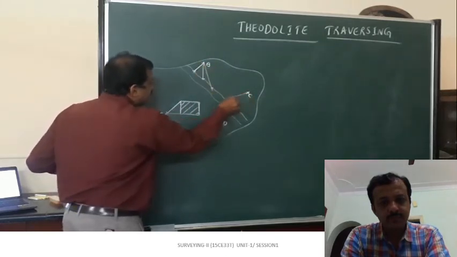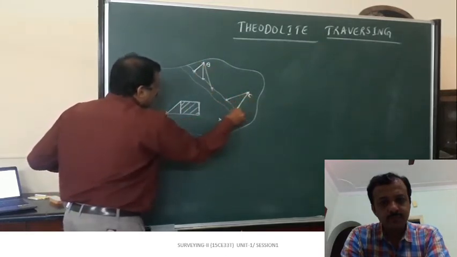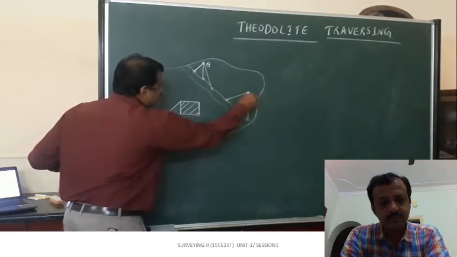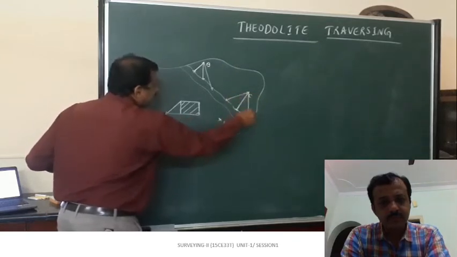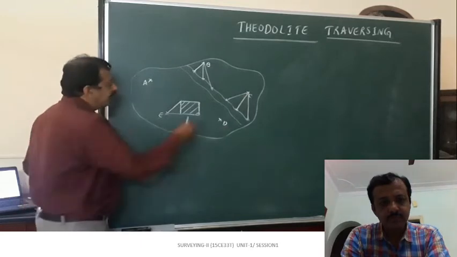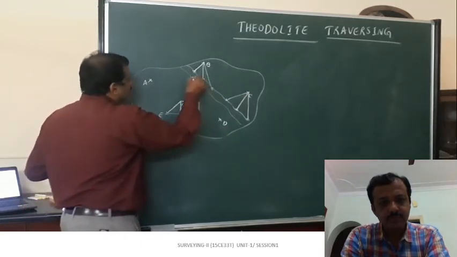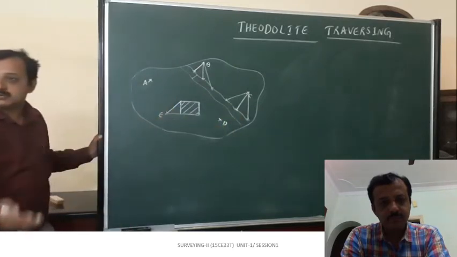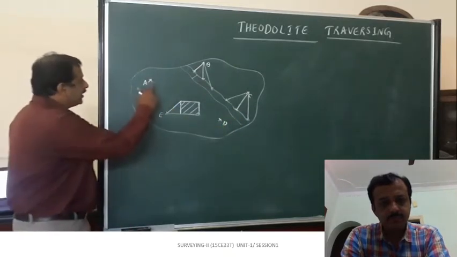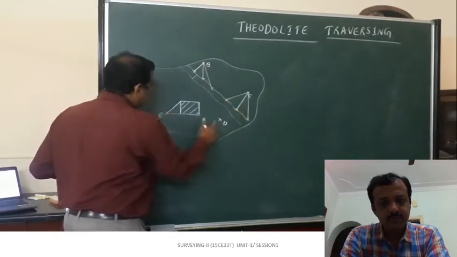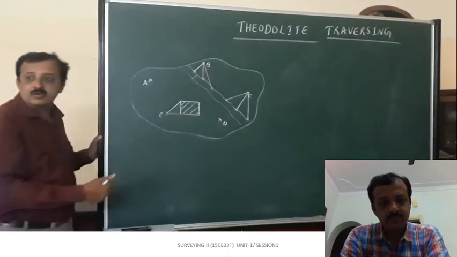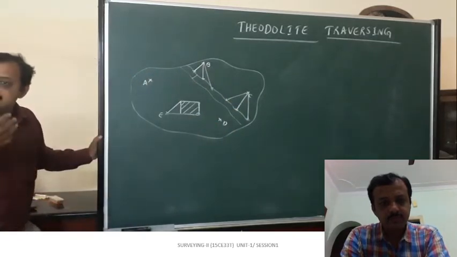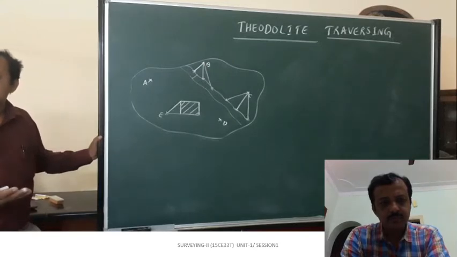From station C also, I will get the details and locations, bearing and distance, to plot on the sheet. The stations A, B, C, D, E are the control points. Establishing these control points, we call it traversing.